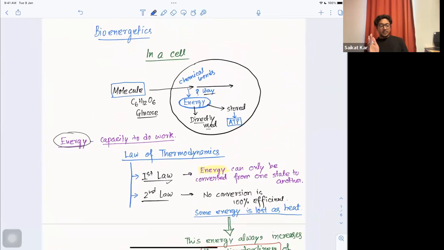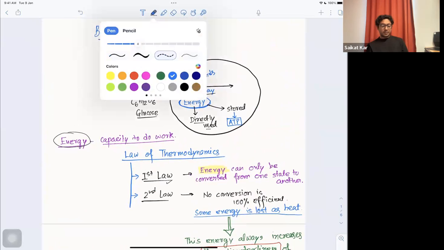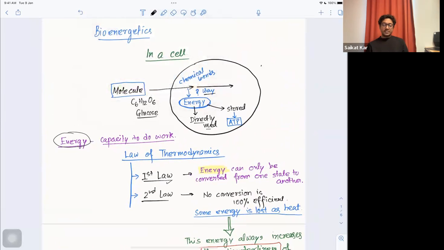We have studied that for any cell, there should be a constant supply of energy. And this supply of energy occurs from the surrounding. So the surrounding of any cell is very important. From the surrounding of a cell, some molecules enter or diffuse into the cell.